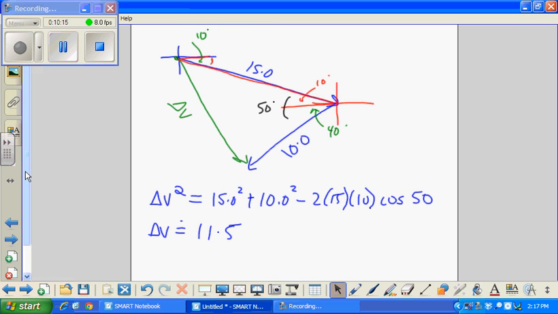Going up, just looking again. If I want to report my delta V with an angle, if I know this part is 10 in here, and if I found this right here, we'll call it theta, then I could say that delta V is theta plus 10 degrees south of east. So let's find theta using the law of sines.